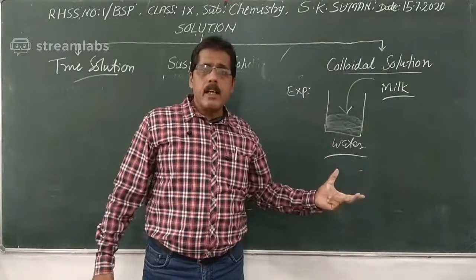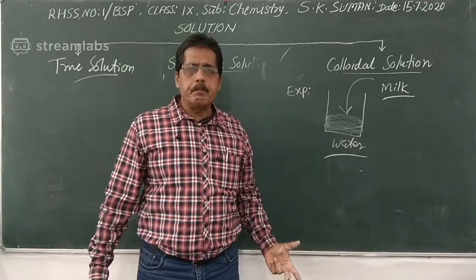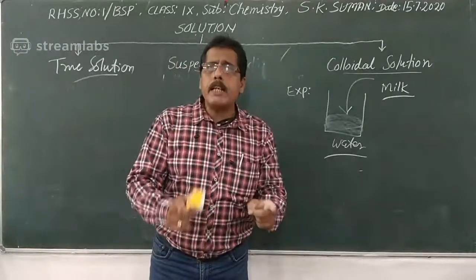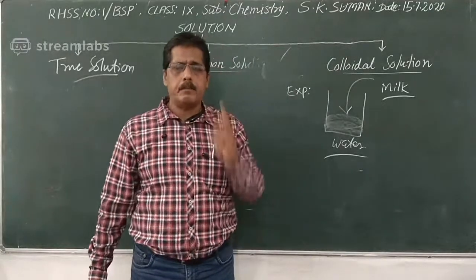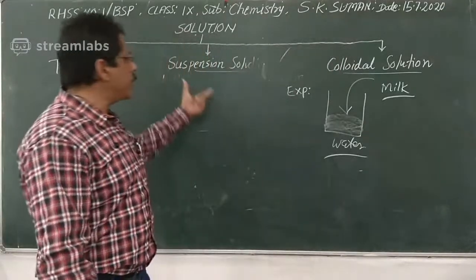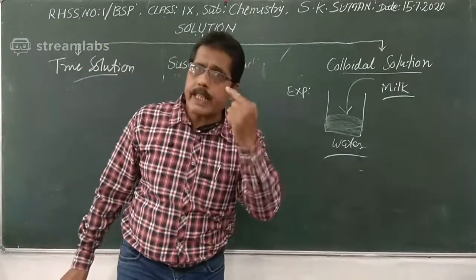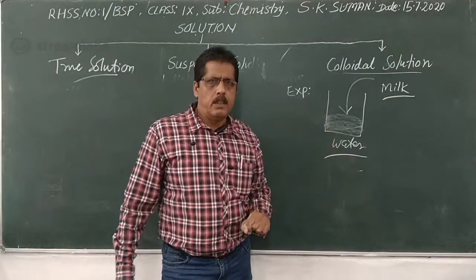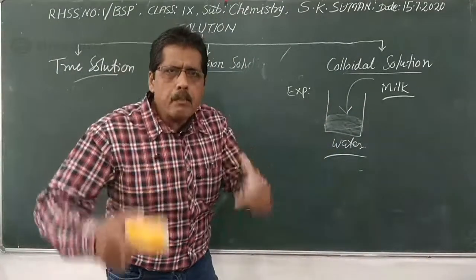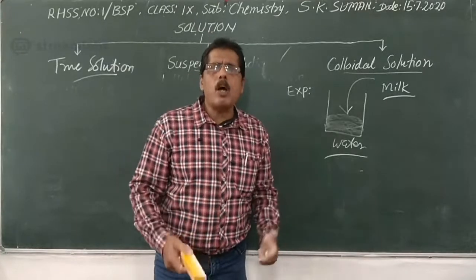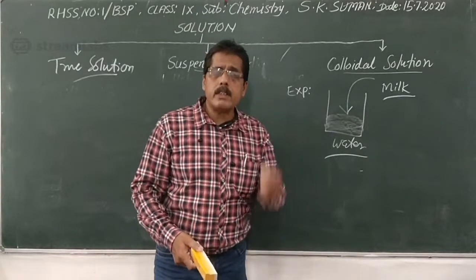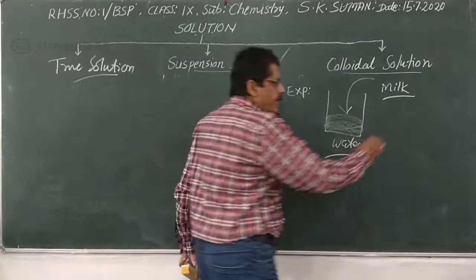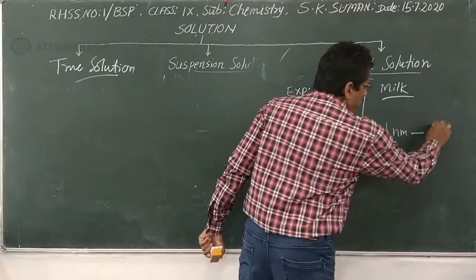But here, when milk was added in water, you will not find the milk particle. You cannot see the particle of milk. Why is it so? Because the size of the milk particle is very small. Its size can vary between 1 nanometer to 100 nanometer. The particle of the colloidal solution is between 1 nanometer to 100 nanometer. Hence, you cannot view the particles of this colloidal solution.